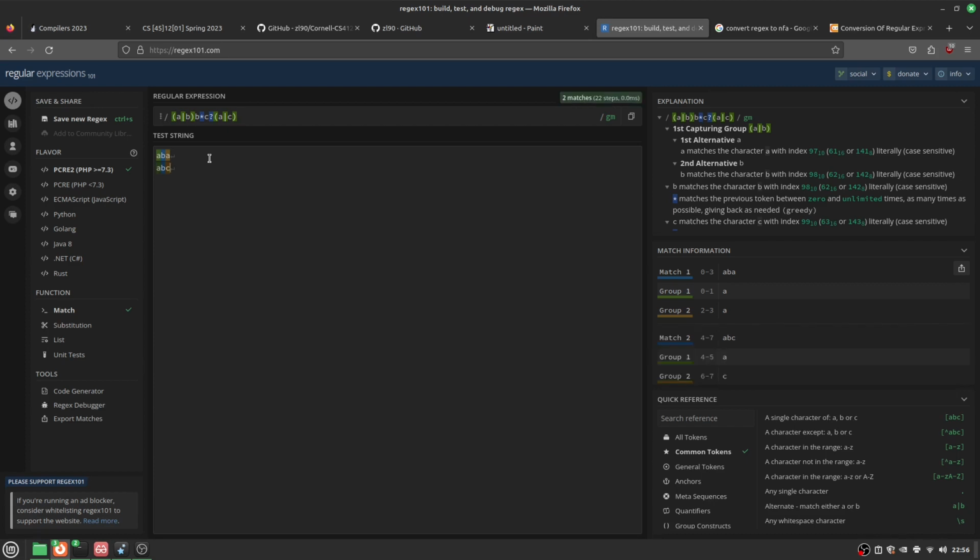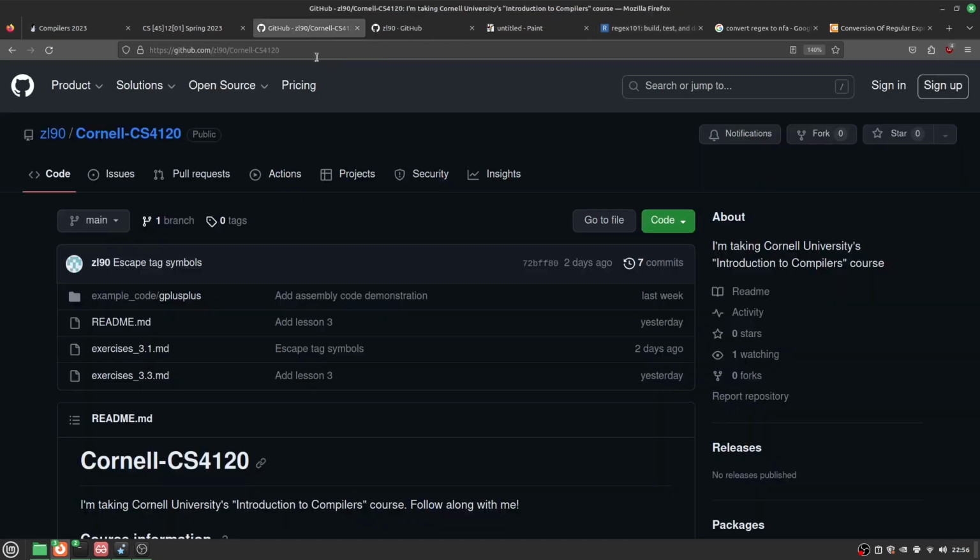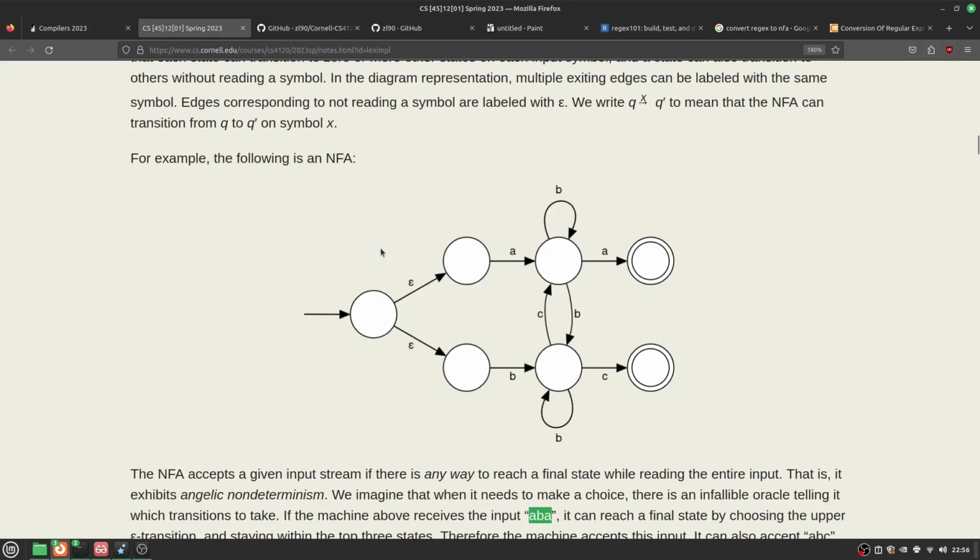That works. ACC should not match, right? Yeah, I'm totally wrong here. Tough one.